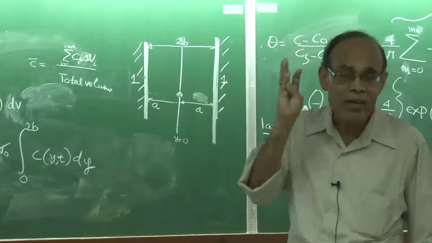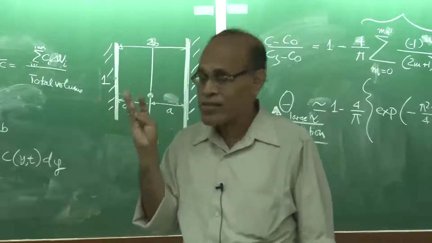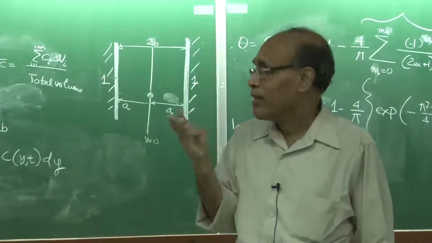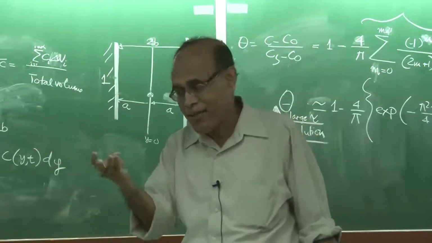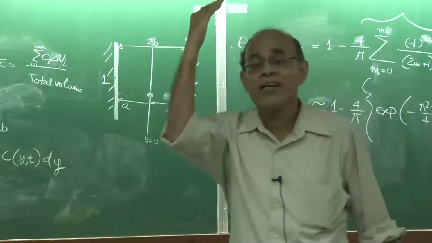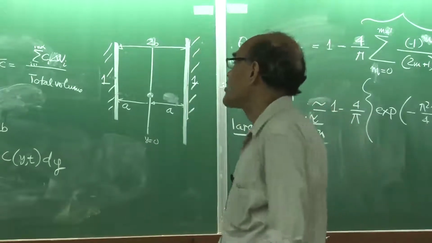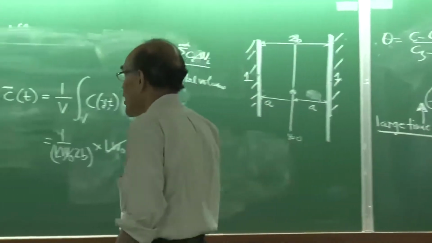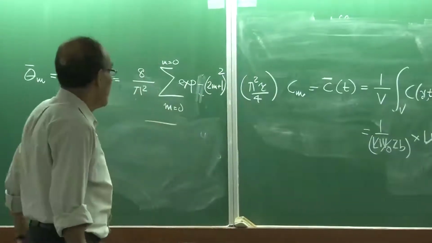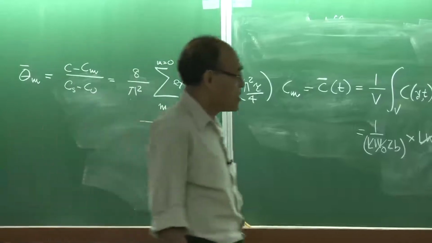You can calculate the heat flux, the surface heat flux, by differentiating, and you should be able to calculate the mean concentration at any given time. You should be able to calculate what the concentration profile is at long time, at large time, in the domain, and all these calculations one should be able to find out by simply computing the infinite series.